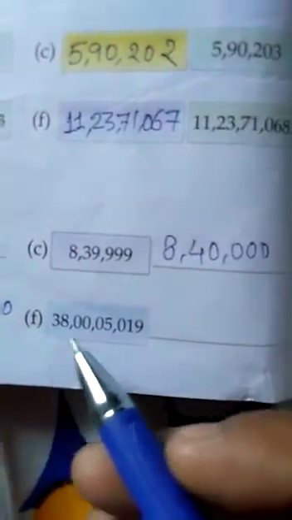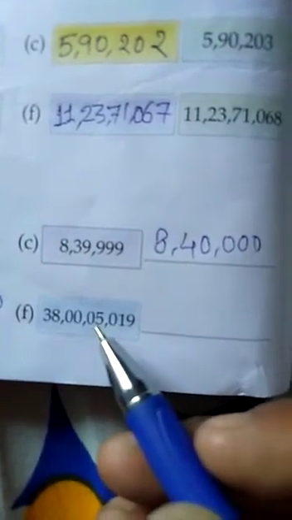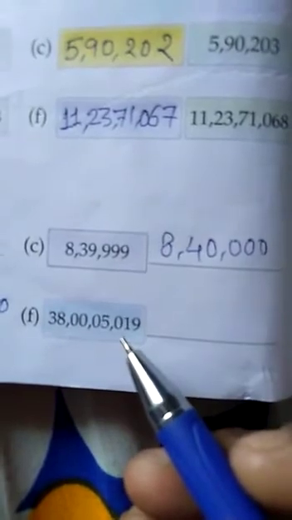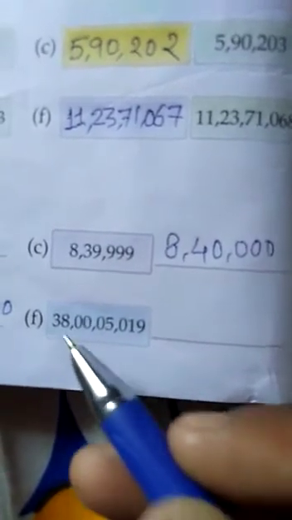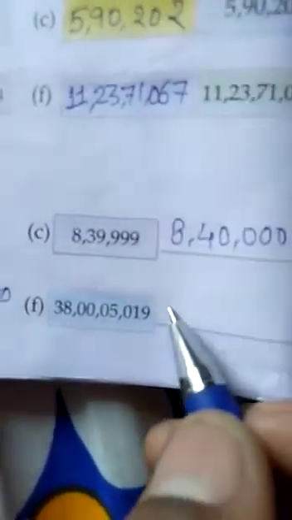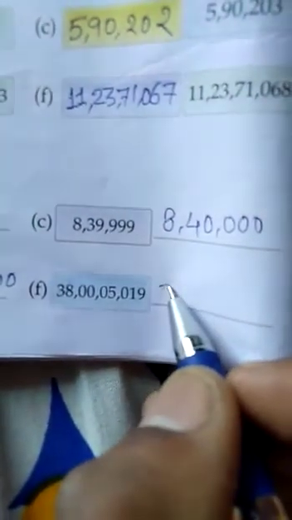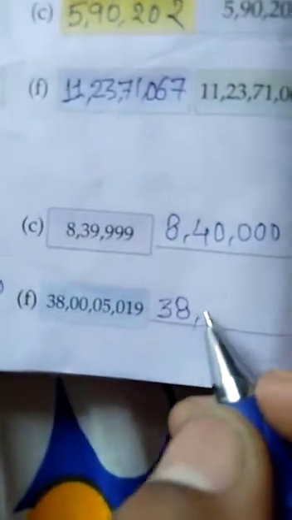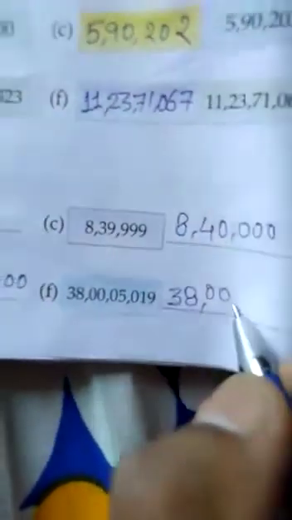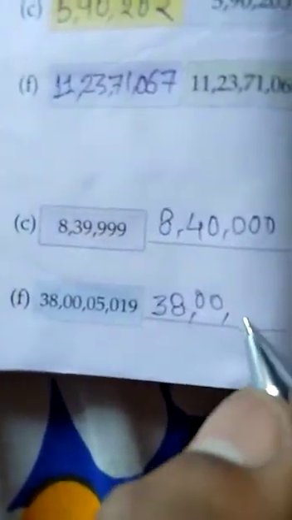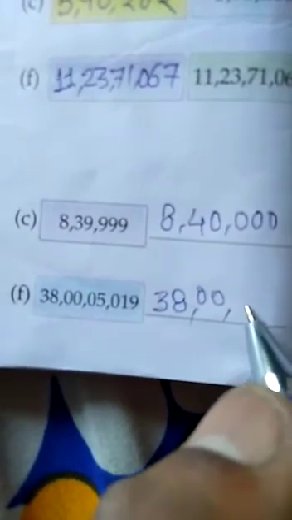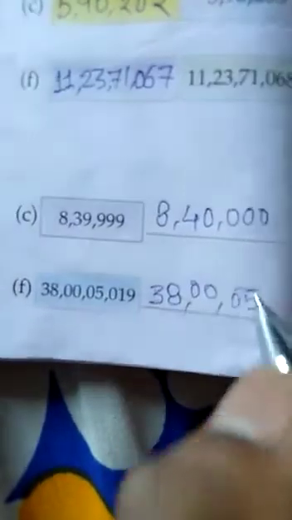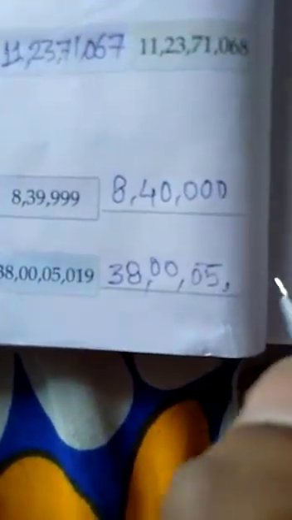Now we will do question number F. Question number F is 38 crore 5 lakh 19. So we will add 1 to this number to get the successor of this number. So the successor of this number is 38 crore 5,020.